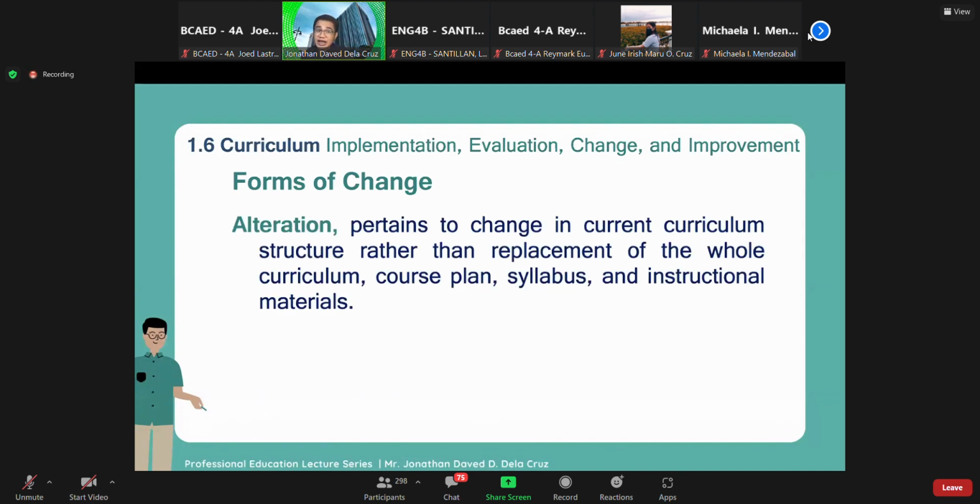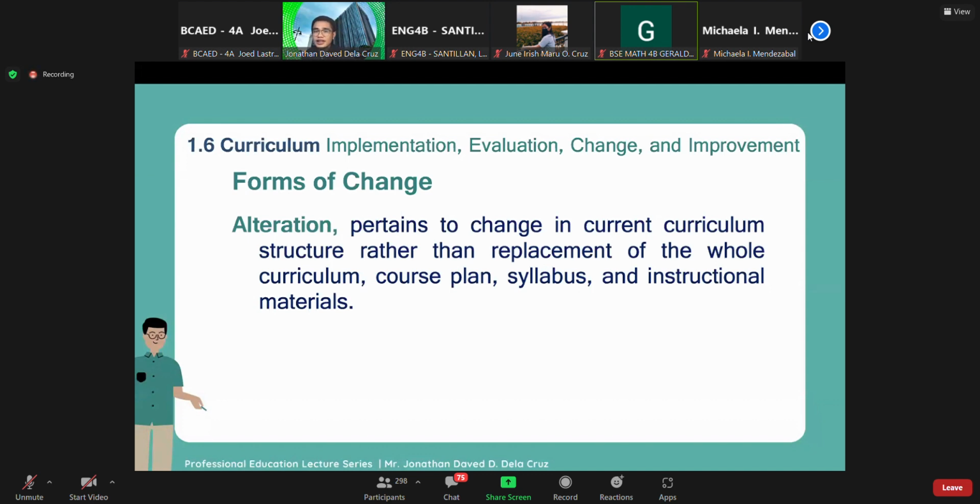Next is alteration. So pertains to change in current curriculum structure rather than replacement of whole curriculum course plan. So if you change it, example, libro ang gamit nyo ngayon, tapos pinalitan nila ng iPad. Tapos yung iPad na yun, nandun na lahat ng mga information or mga libro na available. Ang tawag natin doon ay alteration.